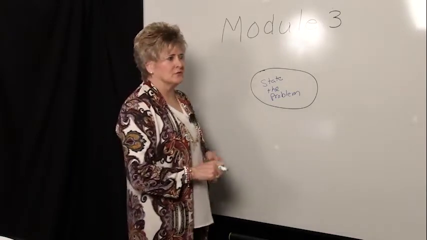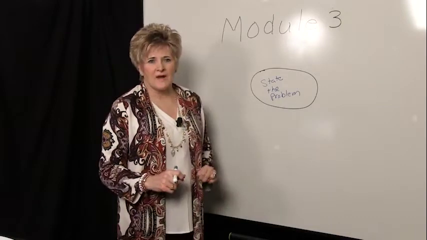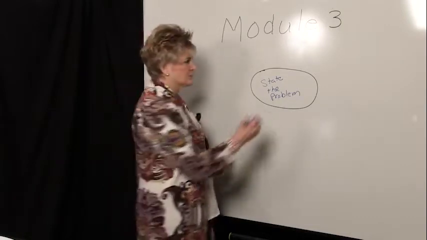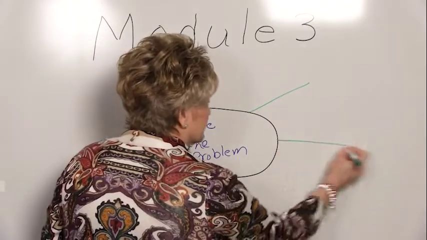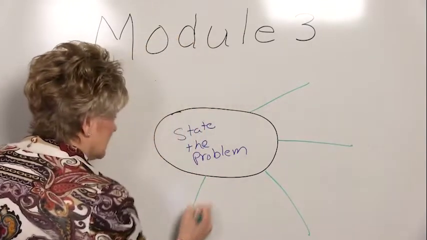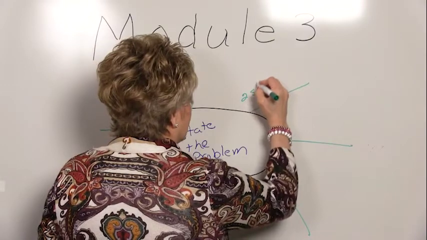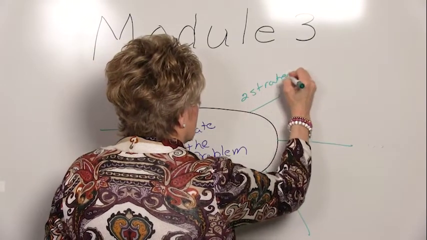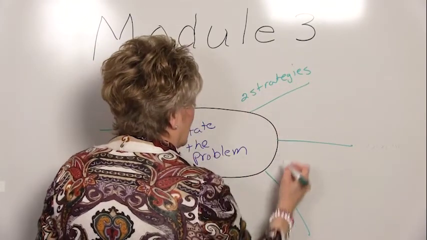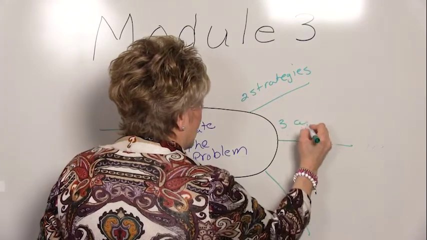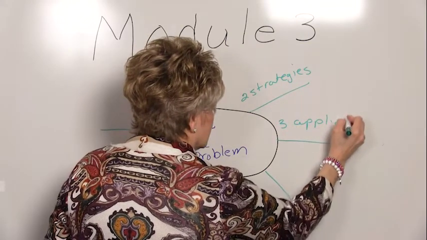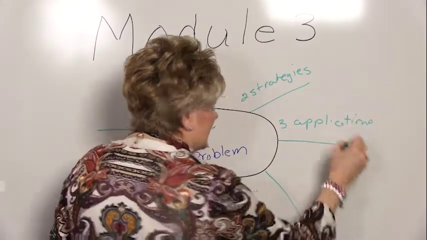It may ask you to come up with 2 strategies on how to solve this problem. So as your Venn diagram grows, start your strategies. 2 strategies. 3 applications. And so on.